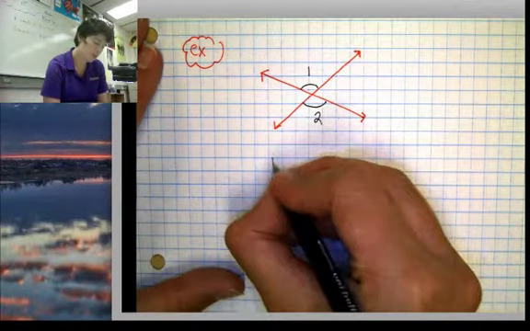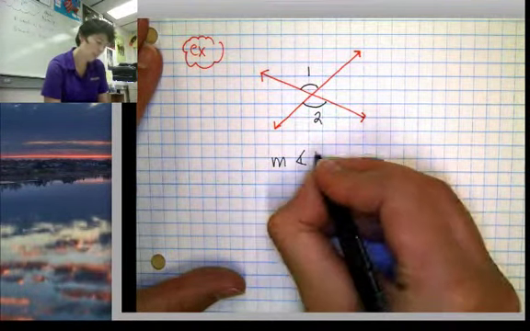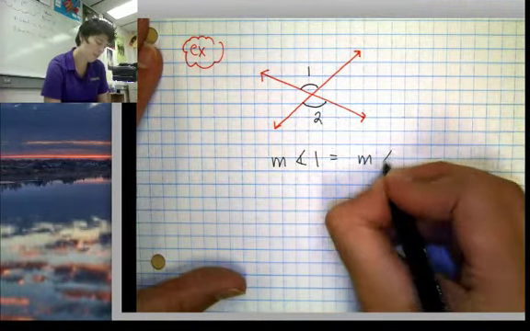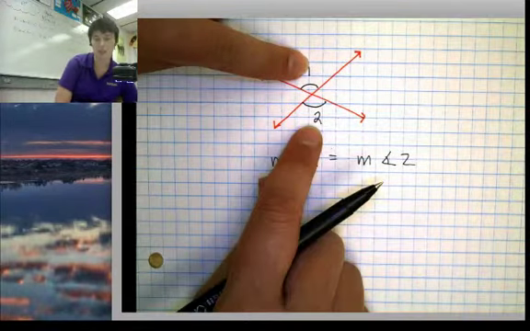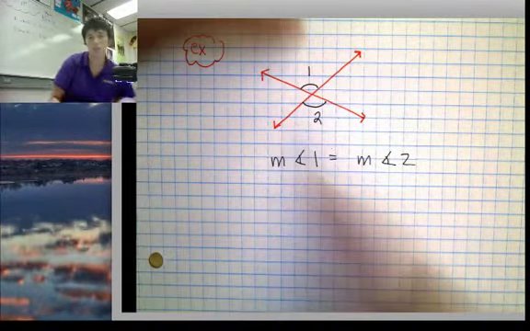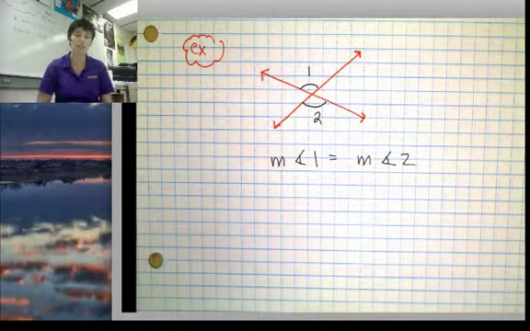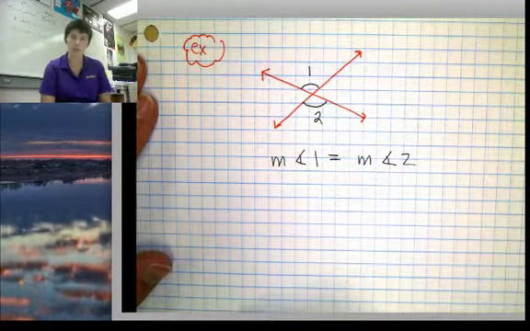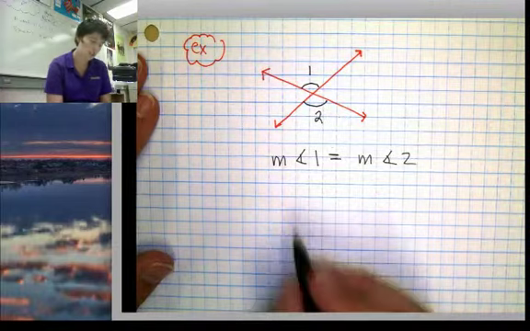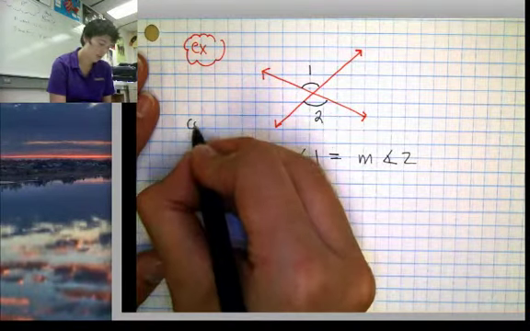So the measure of angle 1 equals the measure of angle 2. Like if this was 85 degrees, then so would angle 2. They're equal angles, equal measurements. In geometry, we use the word congruent. So we say that these are congruent angles.